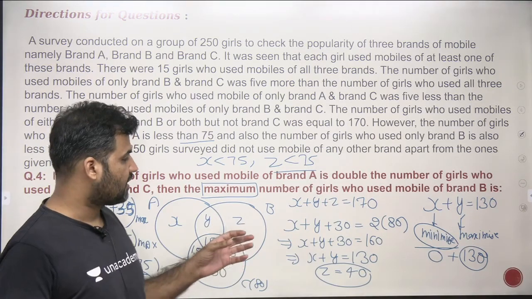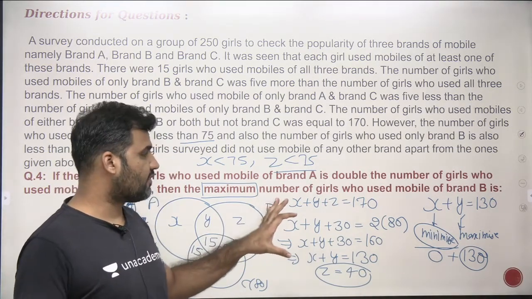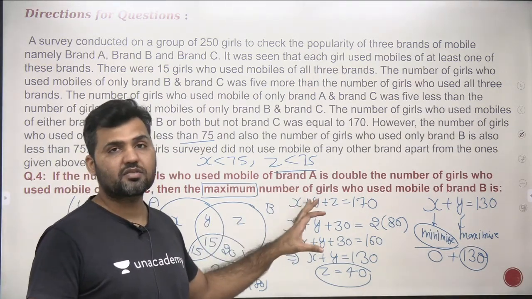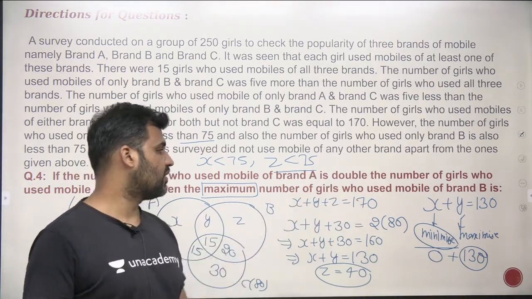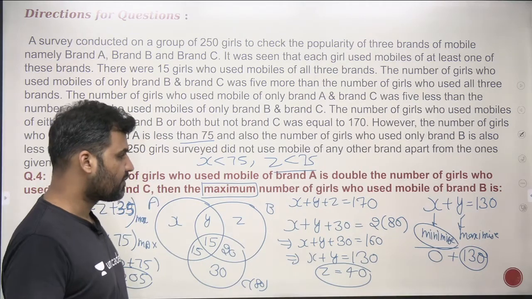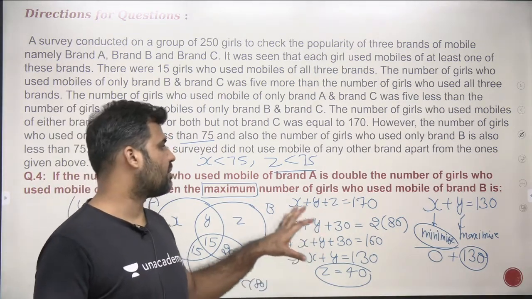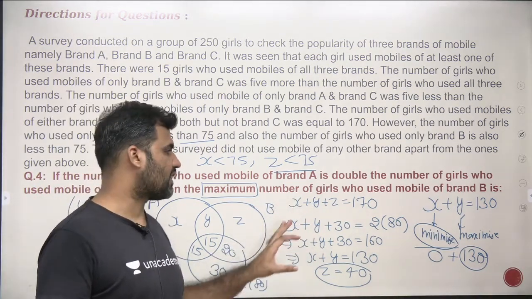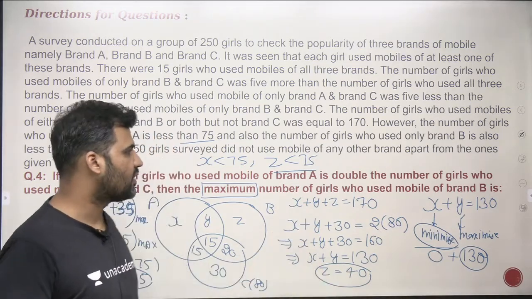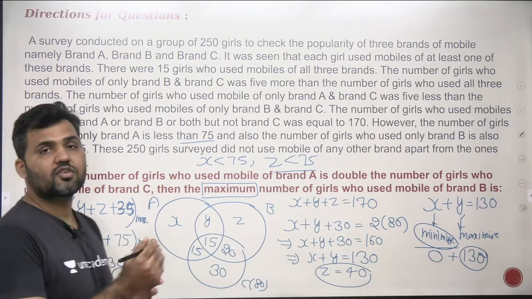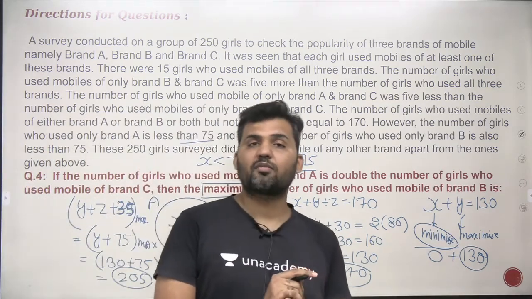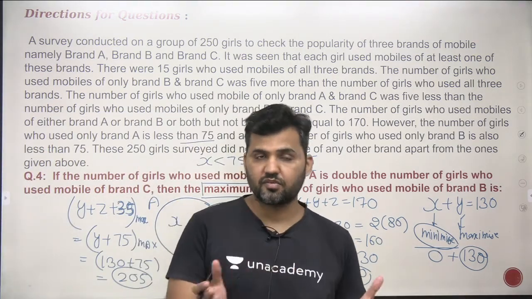Try to make your Venn diagram with as few variables as possible. जितने कम variable use हो सकते हैं उतने कम variable use करो and see what are the values which are dependent, what are independent values, what are the unique values. I guess equation based maxima minima is easy to solve. And the other methods of maxima and minima questions from Venn diagram have been solved in the previous videos.